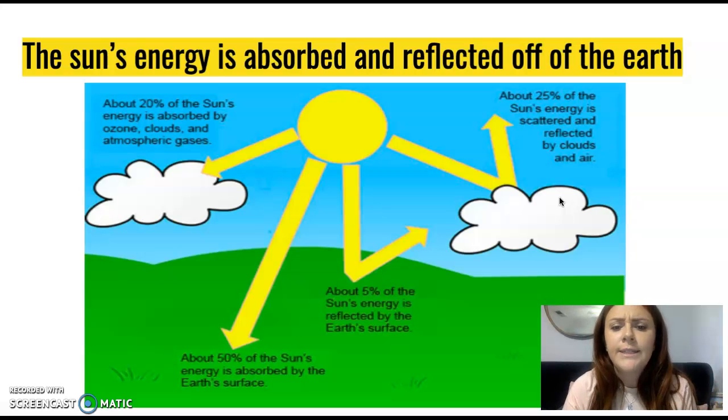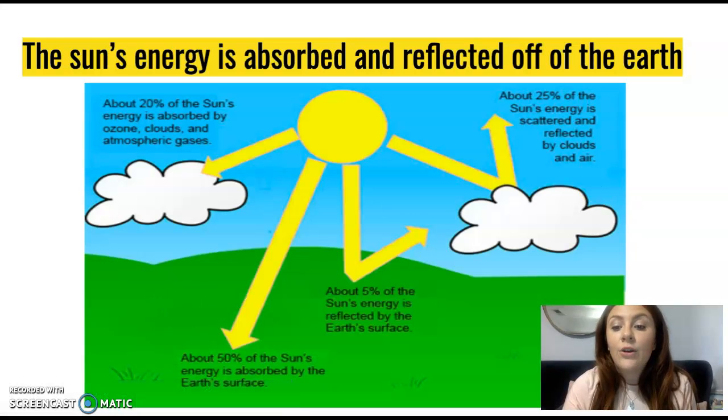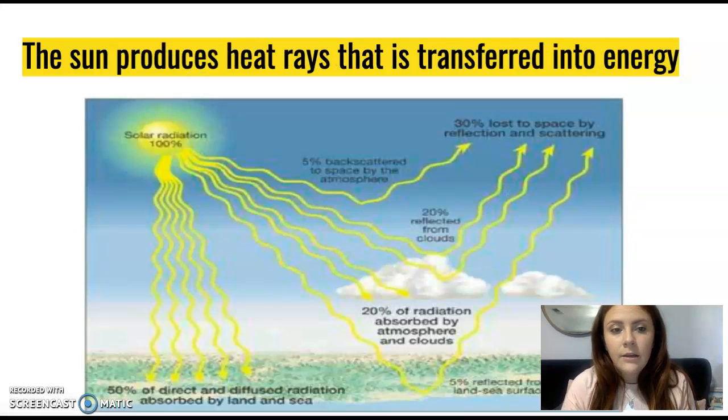It gives us a breakdown about how much our earth depends on the sun. It says about 50% of the sun's energy is absorbed by the earth's surface. That's a lot. Here's another one on how the heat rays are transferred into energy.